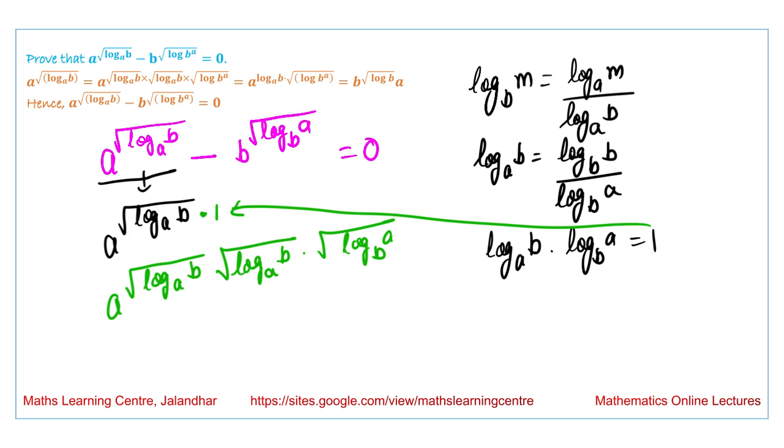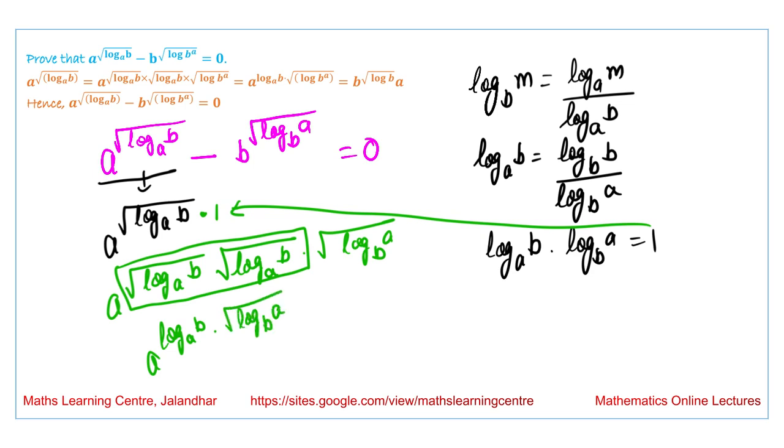Now look at these two terms. The product of these two terms will give us a raised to the power log ab into square root of log of ba, and the result we have is that a raised to the power log x to the base a is equal to x.